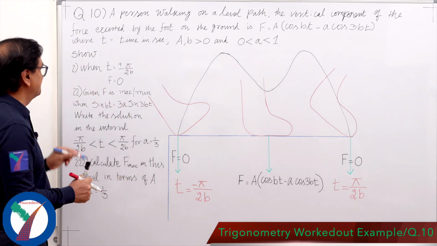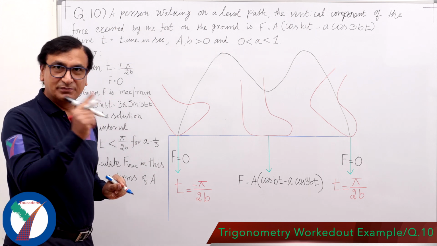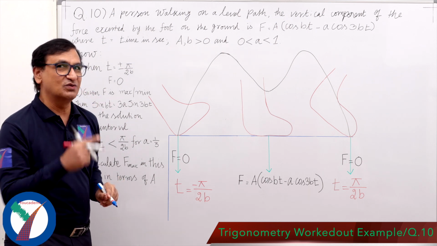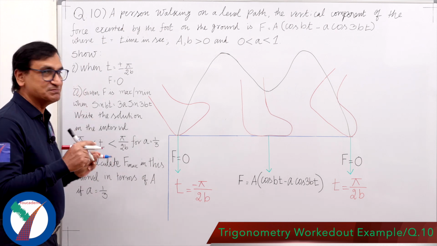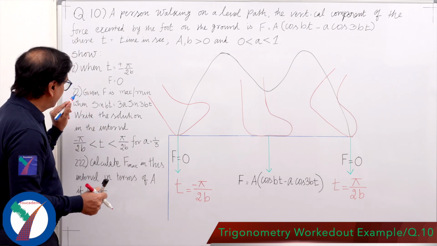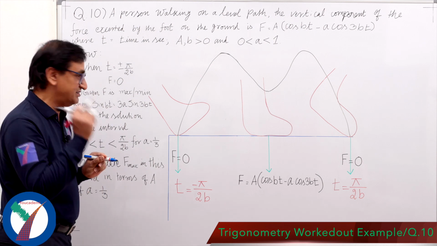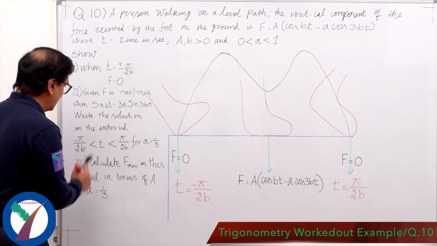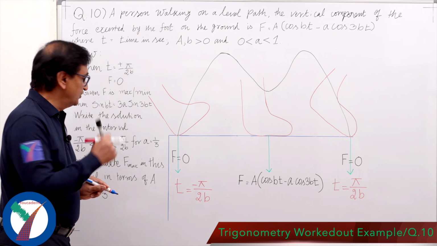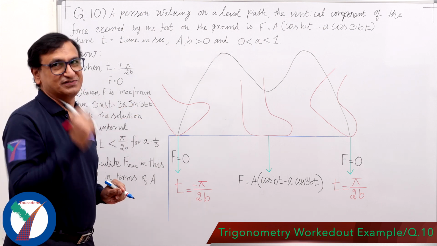There are three questions here. Show when t is equal to plus or minus pi by 2b, the force F equals 0. Then question number 2. Given F is maxima or minima when sin 3bt equals 3a sin 3bt, write the solution in the interval t equals minus pi by 2b to plus pi by 2b for small a equals 1 divided by 3.